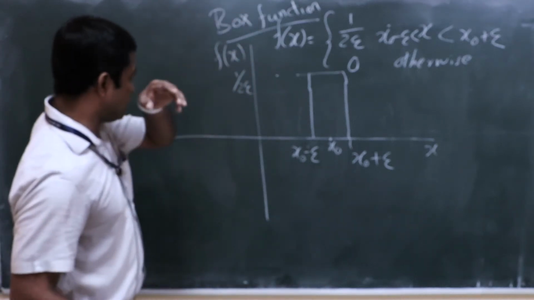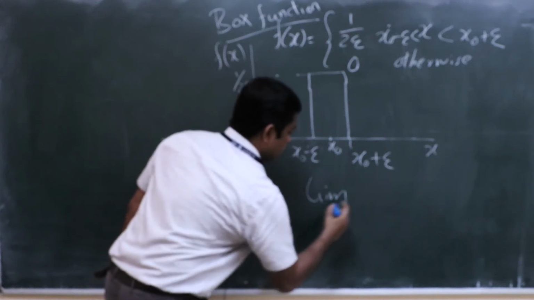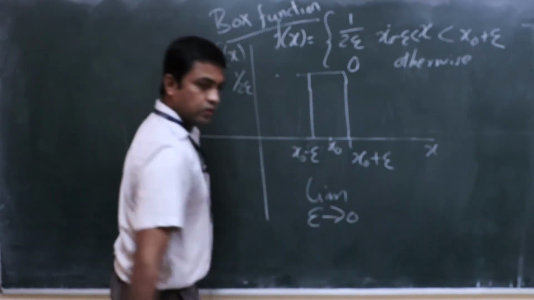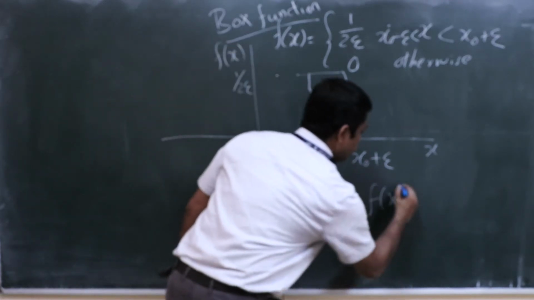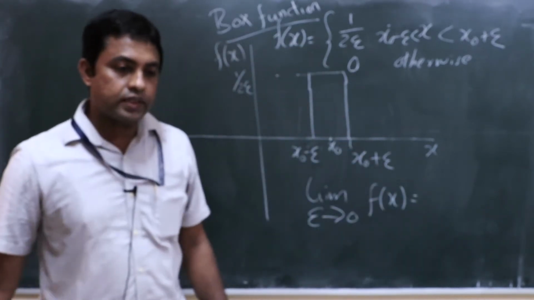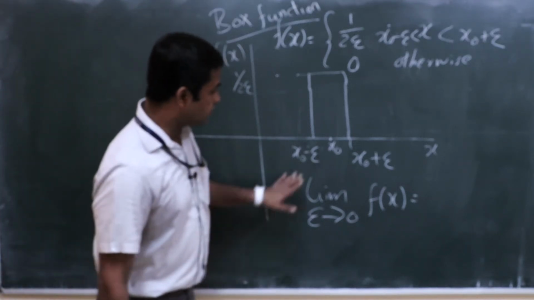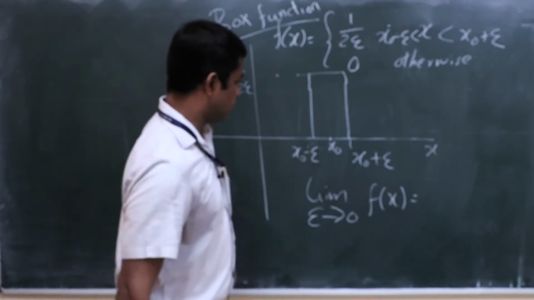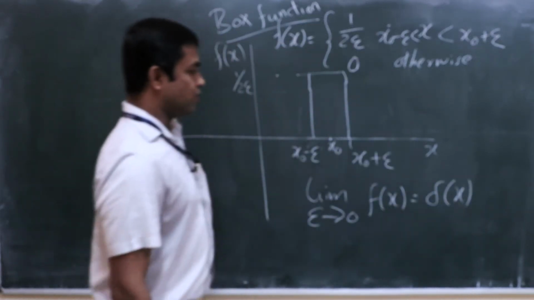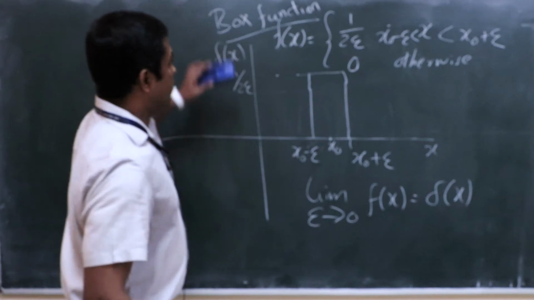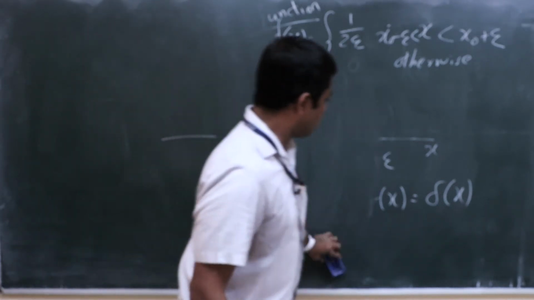So the box function, suppose you take the limit epsilon tends to 0 of f of x, where f of x is the box function. What is that equal to? So this will become delta of x. You must have studied this already in your electrodynamics course.